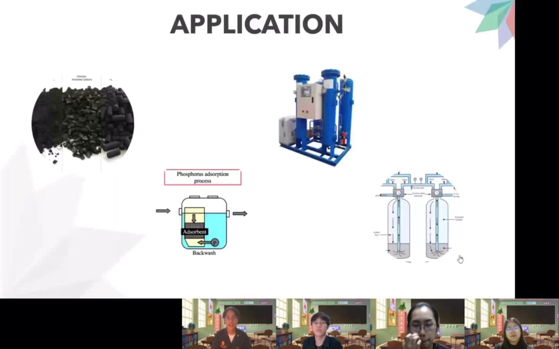We can see that the adsorption process is a simple process that can be applied to many things as mentioned above. The adsorption process can be performed in many systems. For example, adsorption for water treatment, adsorbing moisture, and others.